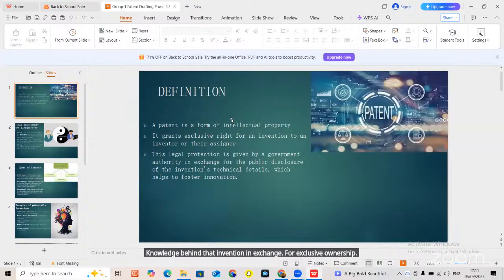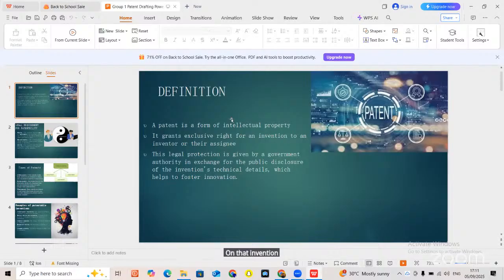That means, in the grand scheme of things, when someone has an invention that is groundbreaking, that person must have the knowledge behind that invention, the source of that invention, or the materials upon which that invention was created, so that he can give it to the public to understand it, to visualize that invention, and in exchange, the government or society gives that person ownership on that invention.